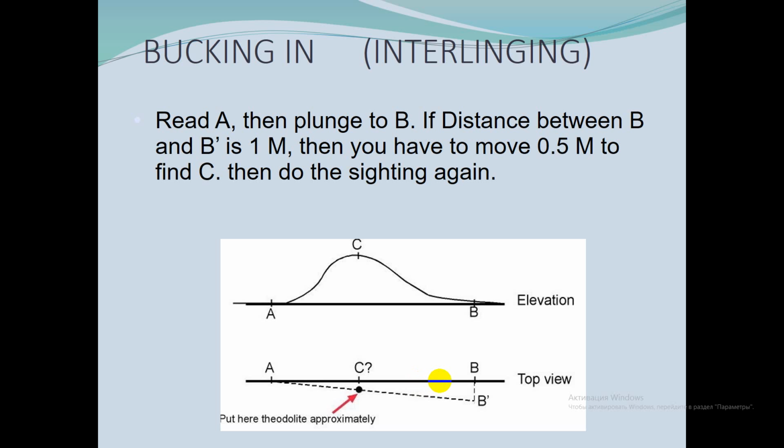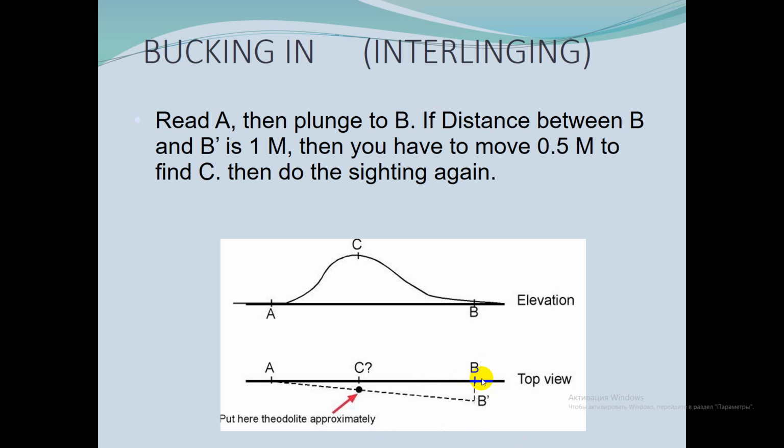The instrument is roughly leveled and a sight is taken on point A. Then the telescope is transited and a sight is taken toward B. The line of sight will of course not be on B but on point B1 or B2, some distance away.